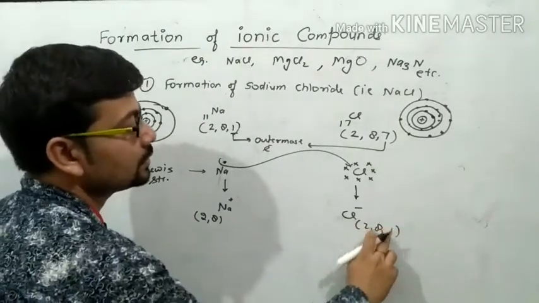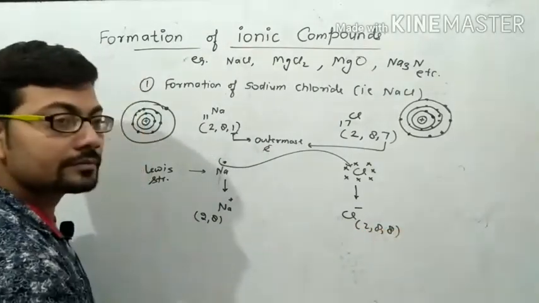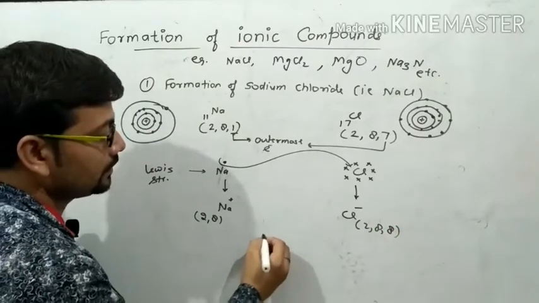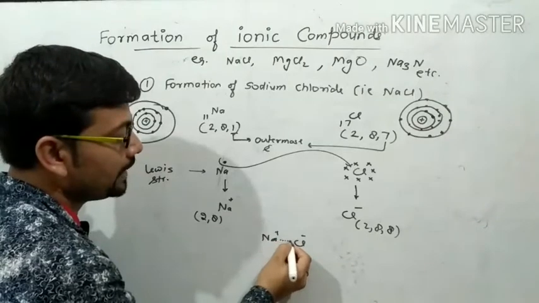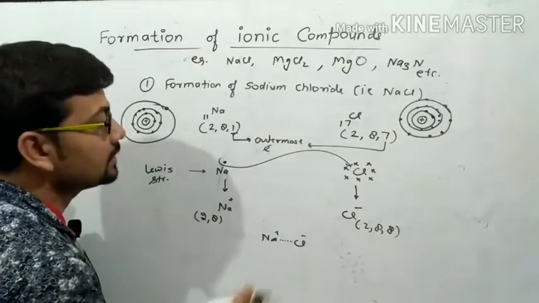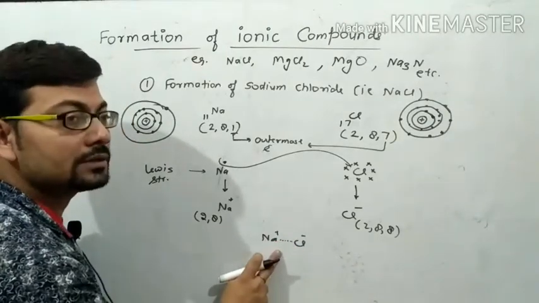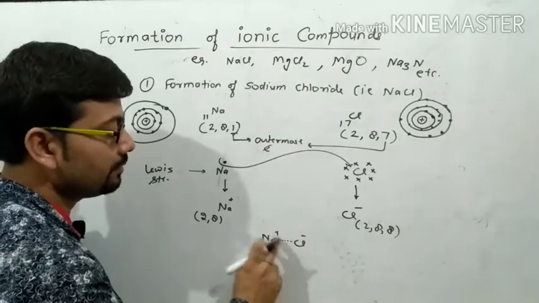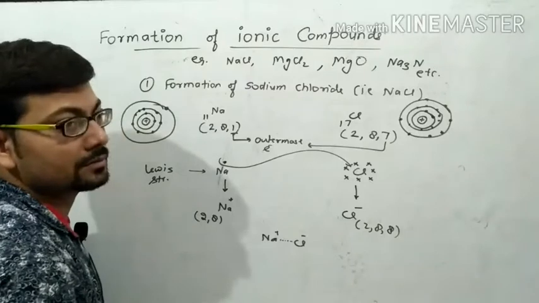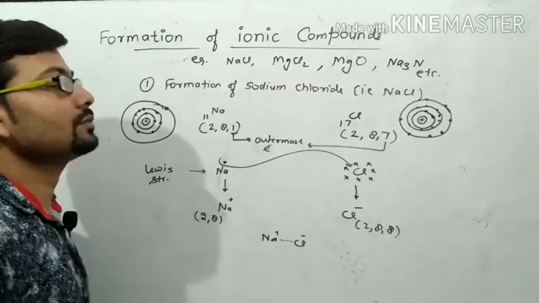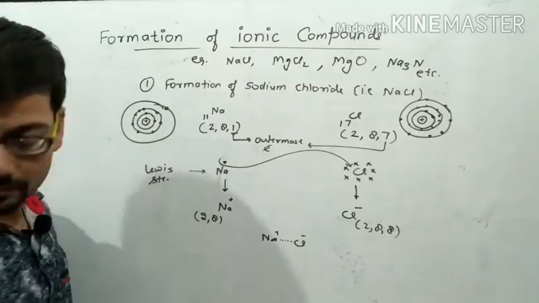I'm sorry, 2, 8, 8. So sodium ion and chloride ion are bound with the ionic bond, and this ionic bond is present between the two oppositely charged species. So this is the formation of sodium chloride.